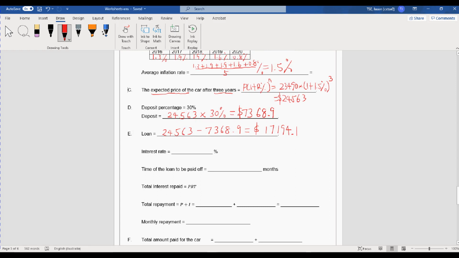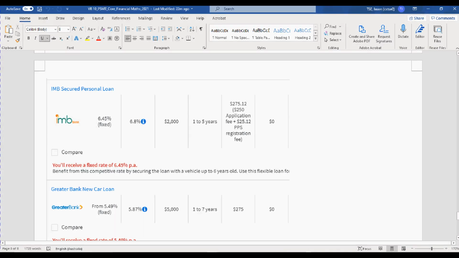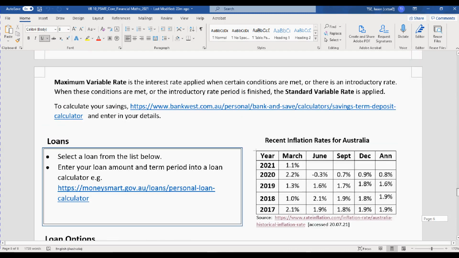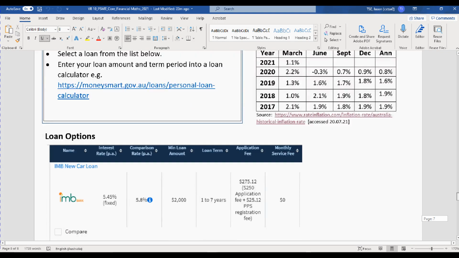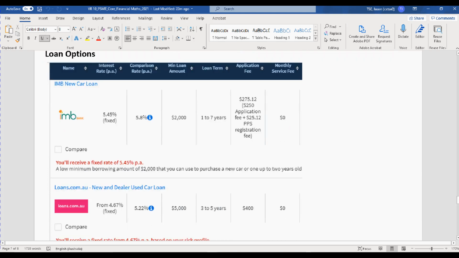So how about the interest rate? Remember, when you repay the loan, the bank is going to charge you interest, right? So what will be the interest rate? Let's go back to your task sheet. Remember this task sheet? In the task sheet you have loan options, with different offers.